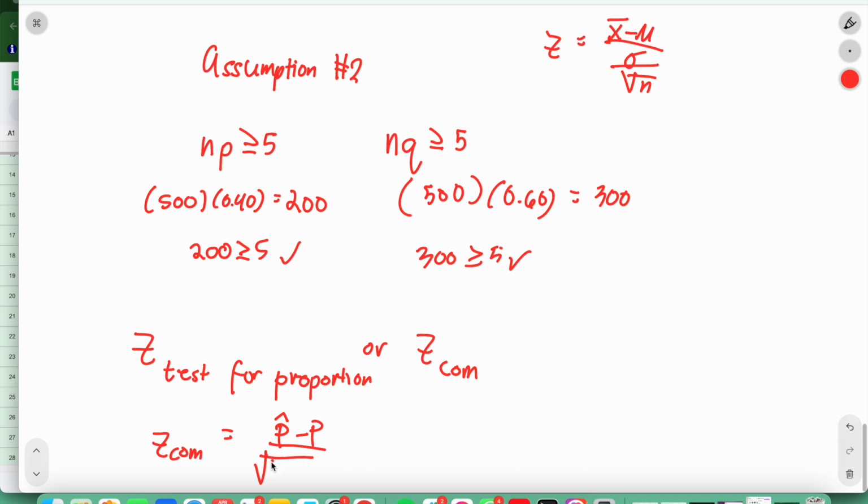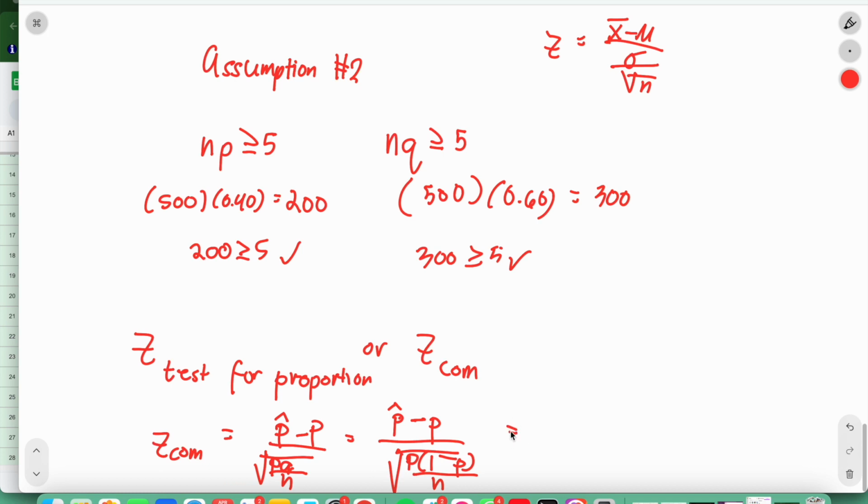We have this should be pq over n, and therefore we also have p hat minus p over square root of p times 1 minus p over n. Since q is 1 minus p, remember?